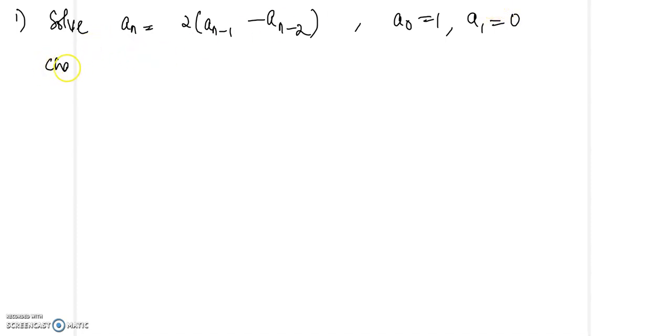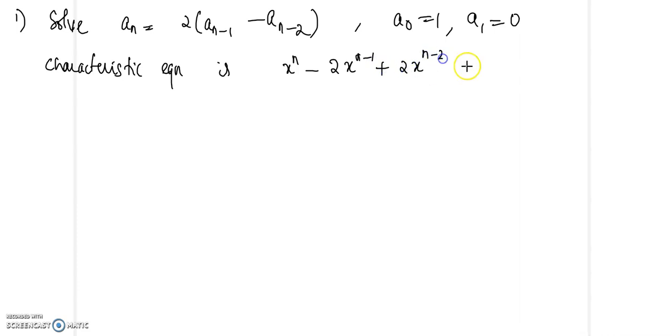So the characteristic equation is x^n = 2x^(n-1) - 2x^(n-2), so we get x^n - 2x^(n-1) + 2x^(n-2) equal to 0. So cancel out x^(n-2). So that will be x^2 - 2x + 2 equal to 0.